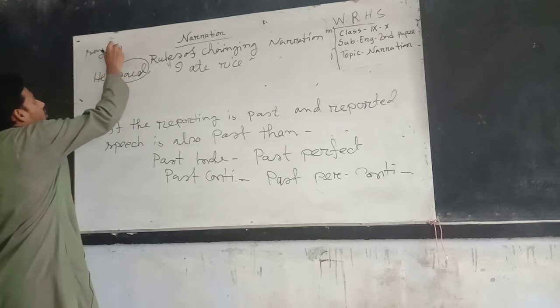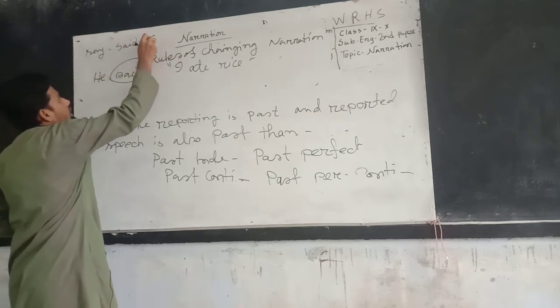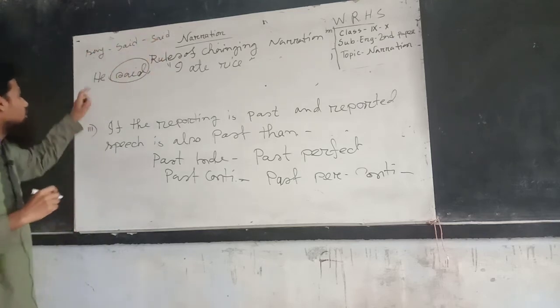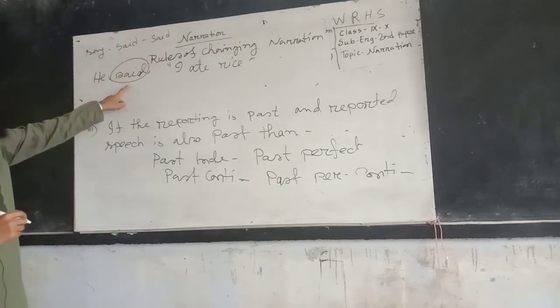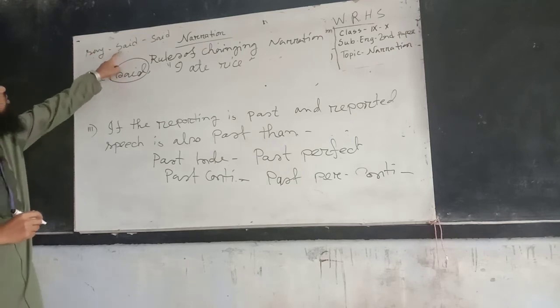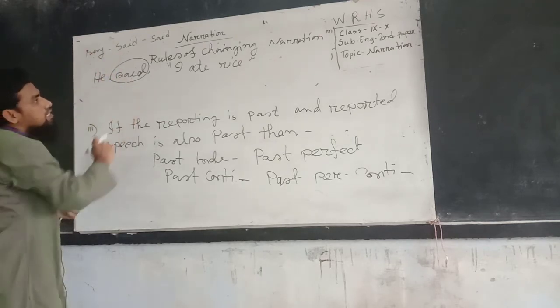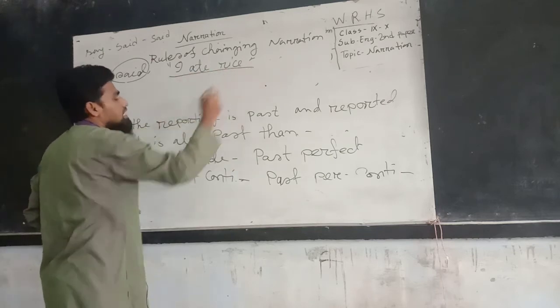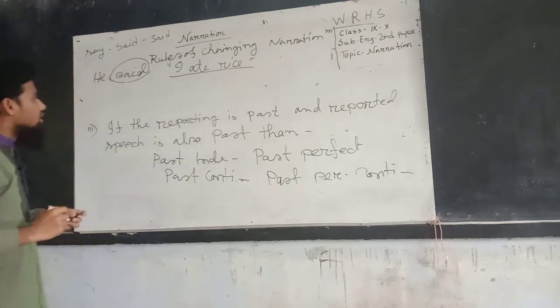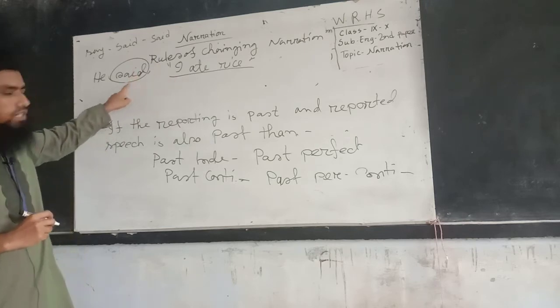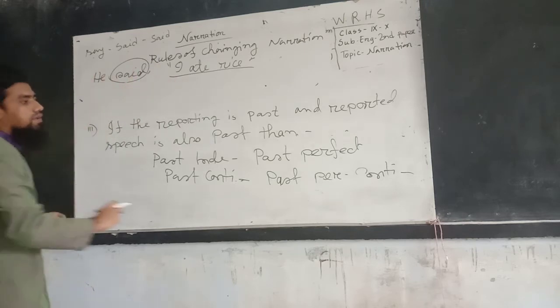Say, said, said: present form, past form, past participle form. Here, he said is past indefinite tense. I ate rice is also past indefinite tense. We know that if our reported speech is past indefinite tense and the reporting verb is past, we have to change it to past perfect.